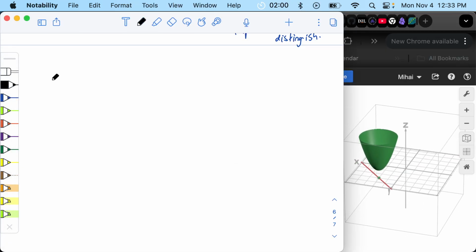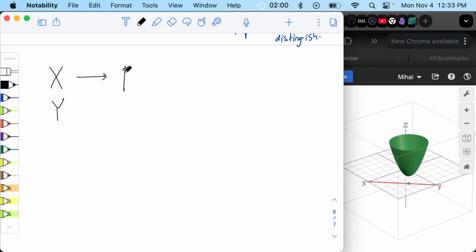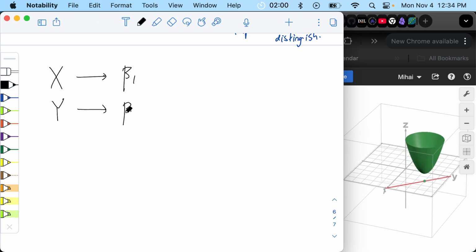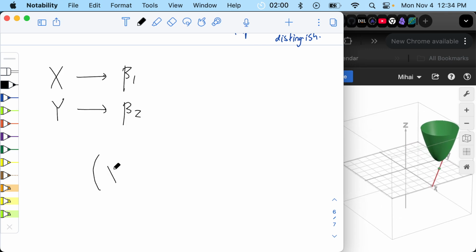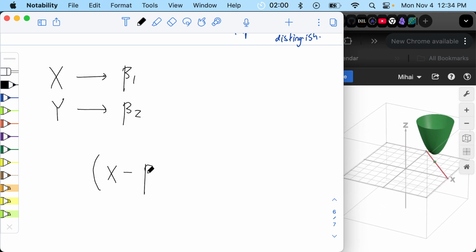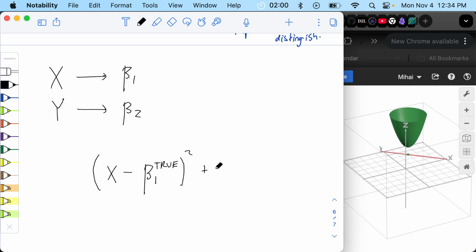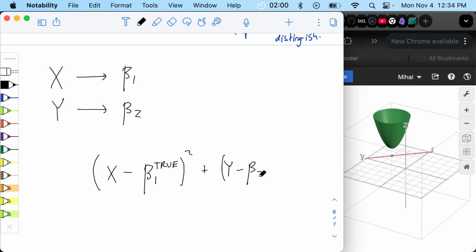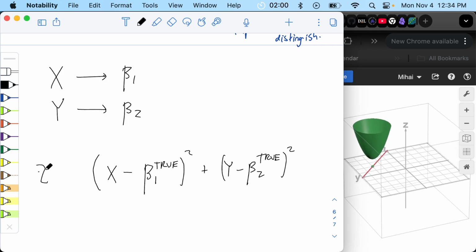So on the x and y, these represent beta 1 and beta 2. Right now, this is a graph of the function x minus beta 1 true value squared plus y minus beta 2 true value squared. So this is z.